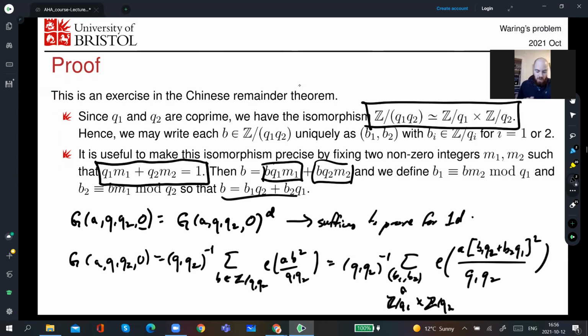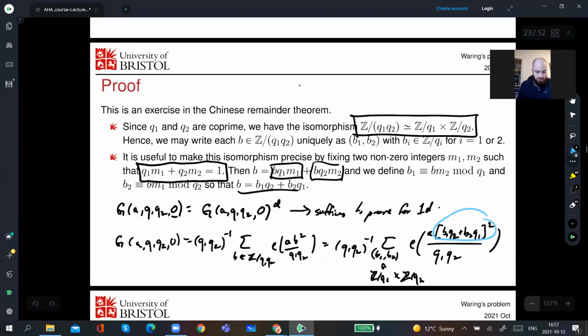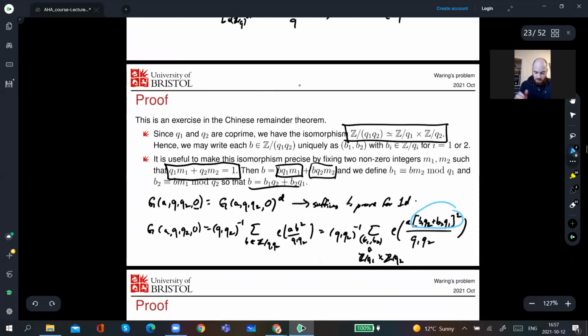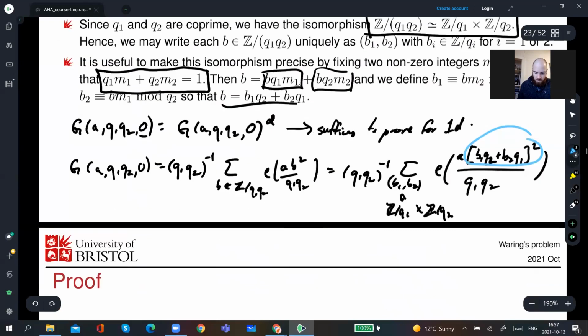We open up the square over here. When we do so, we'll see that the cross terms are going to cancel out, or well, they're going to be divisible by Q1 Q2. So that means it's just going to be multiplying by 1. Let's do that now.